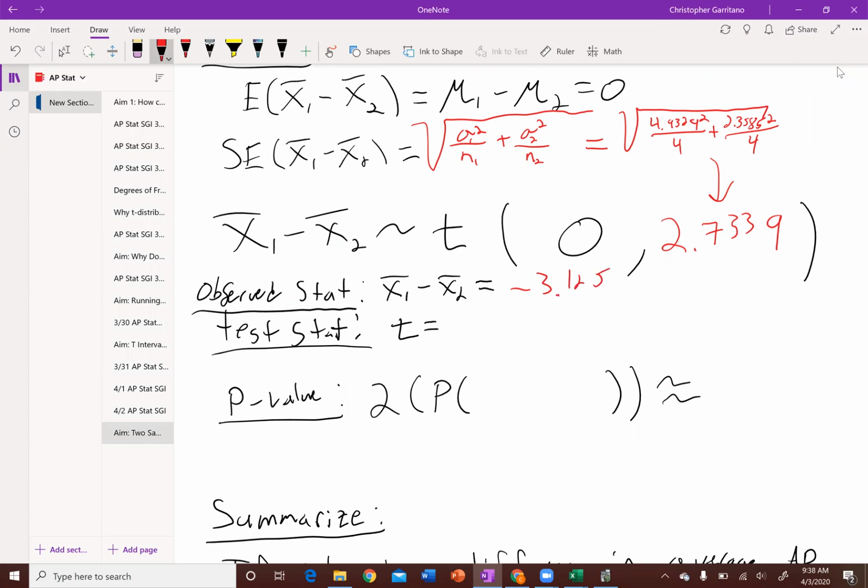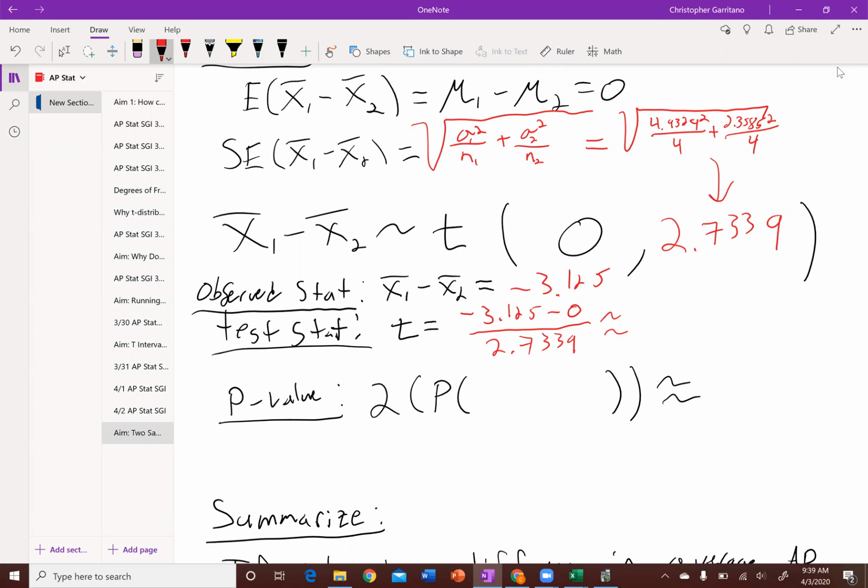And as far as my test stat goes, I take the observed, I subtract what I am expecting, which is 0, based on the null hypothesis. So observed minus mean over standard deviation, 2.7339.